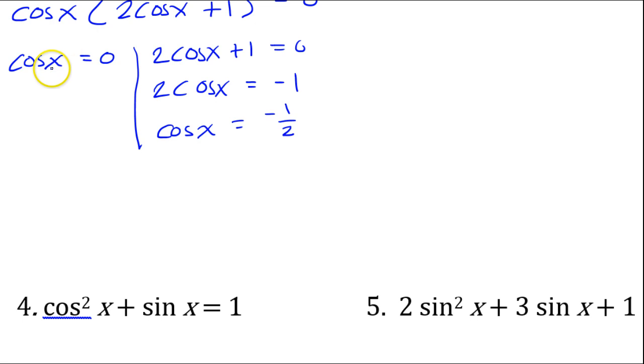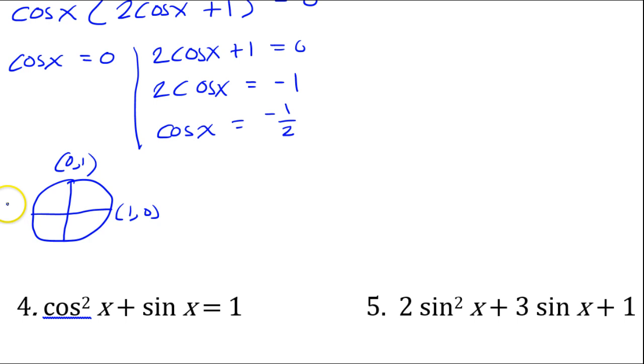Okay, so I'm just going to find the solutions for each one of these. Where is cosine equal to 0? Cosine of what angle is 0? Well, I'm pretty sure that's going to be a quadrantal angle, so let's look at those. Over here we have the point 1 comma 0. Up here we have 0 comma 1. On the left side we have negative 1 comma 0, and at the bottom we have 0 comma negative 1.